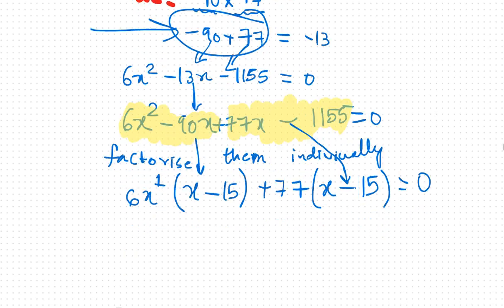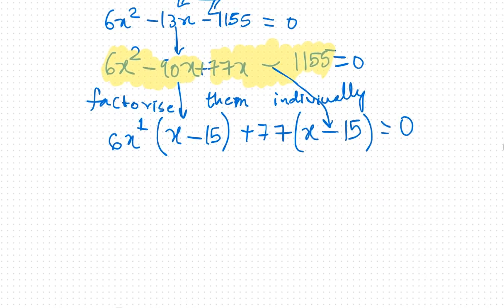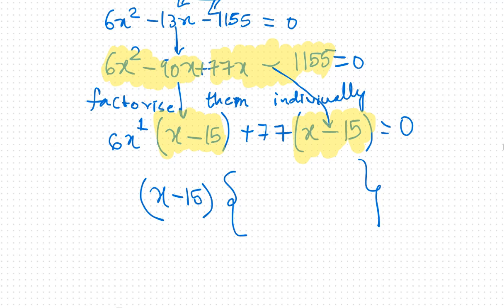So we get this common pattern, x minus 15 and x minus 15 as common terms. Now if you treat them as single units and take out x minus 15 from the entire thing, you get 6x on the left and then positive 77 on the right. So this is equal to 0.